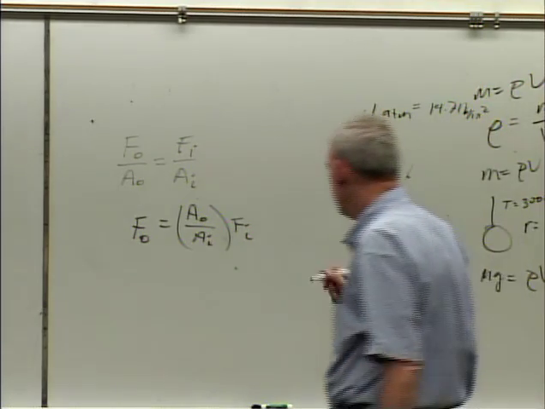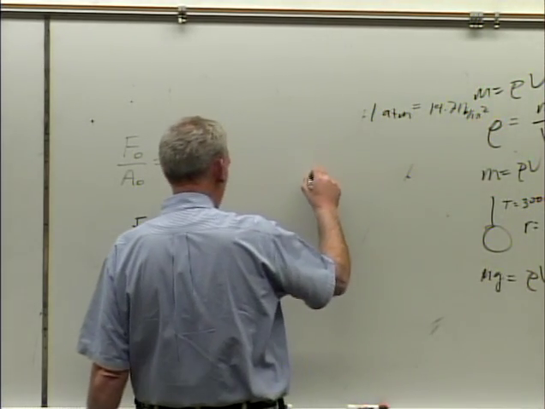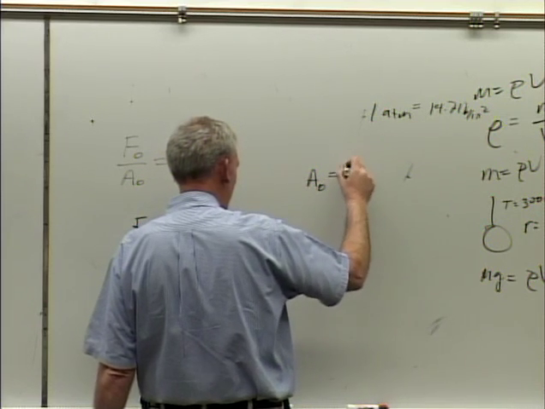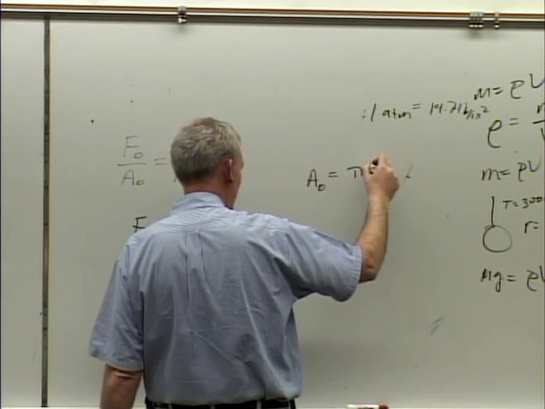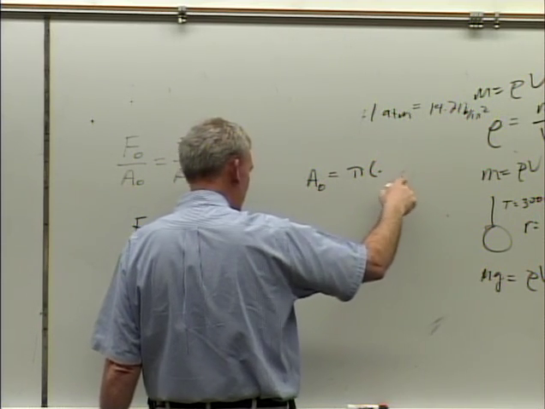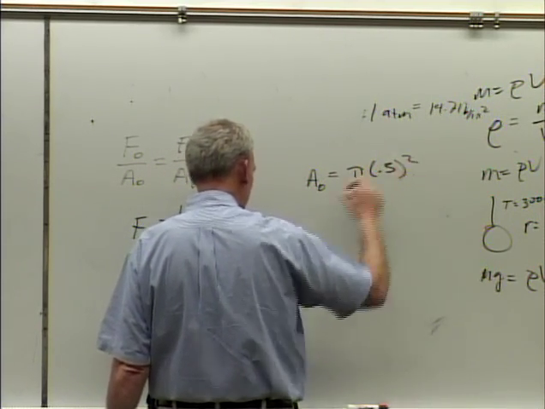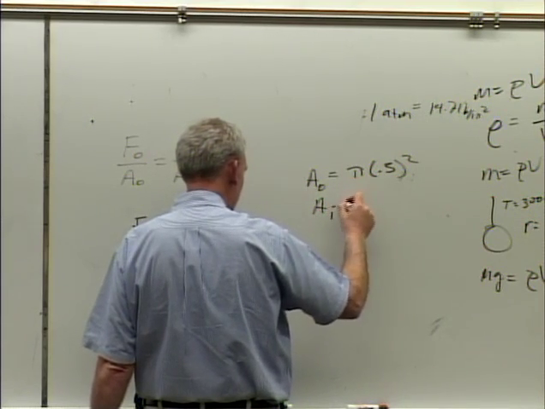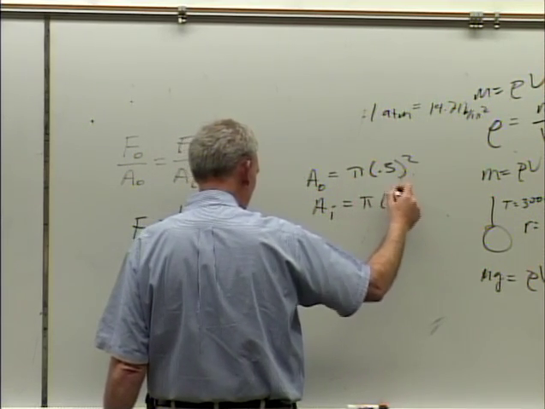So the output area is equal to pi times 0.3 meters squared, and the input area is equal to pi times 0.1 squared.